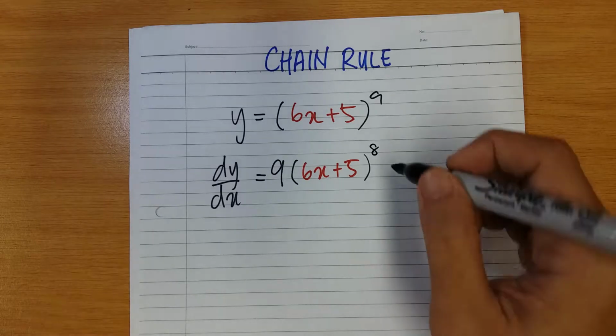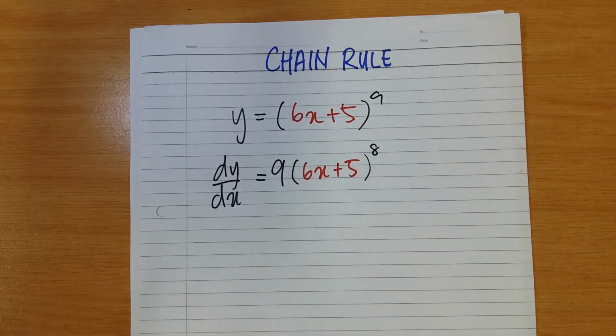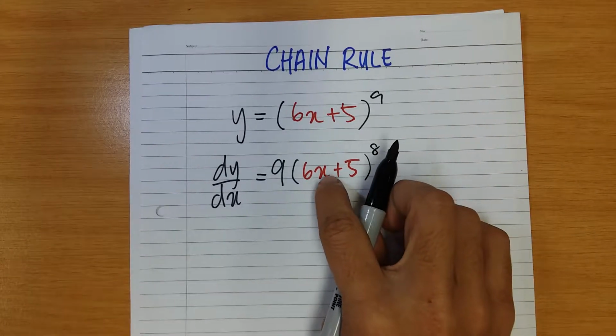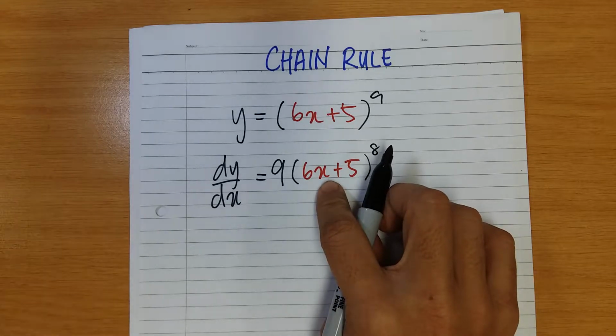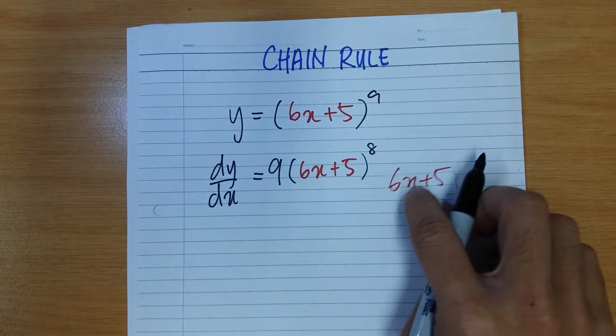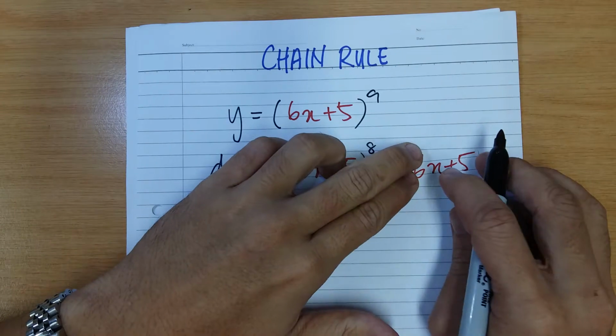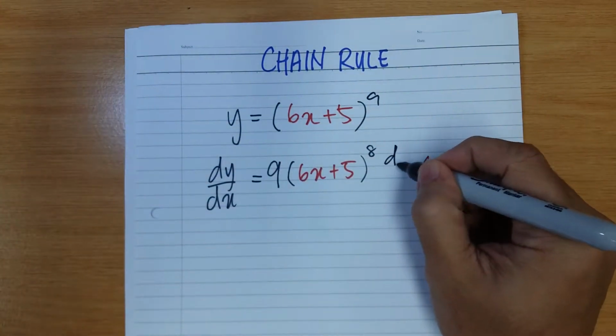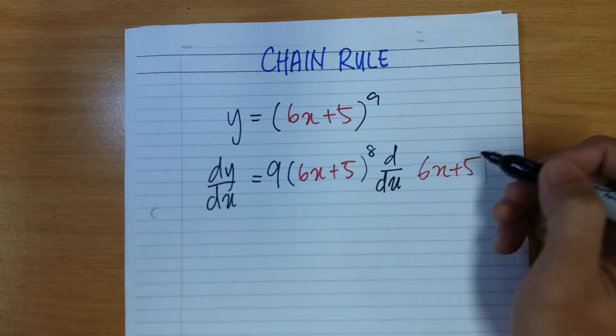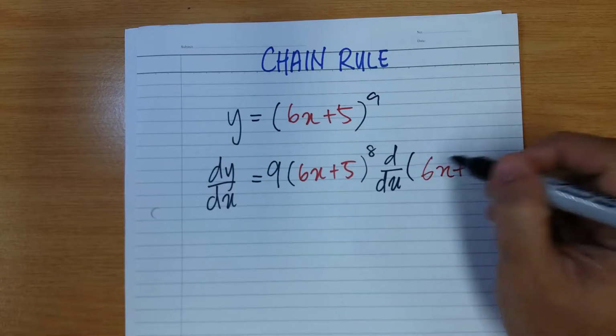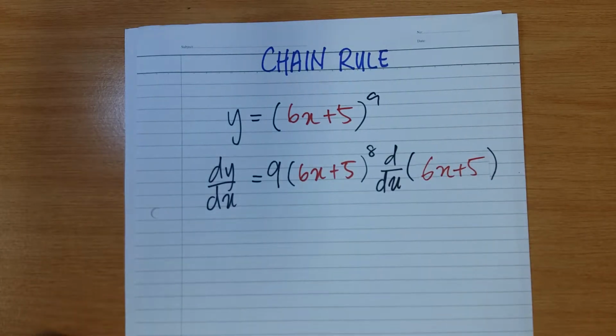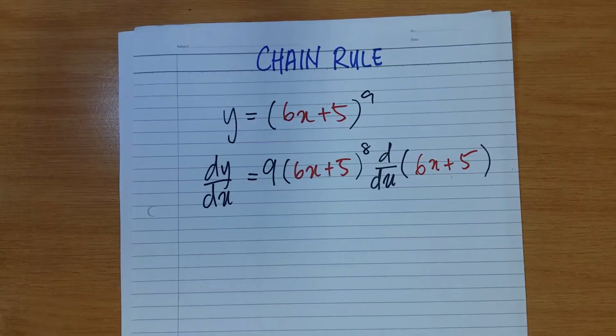Now this time we are going to take the inside, bring it outside and find the derivative of it. So we are going to find the derivative of the inside.